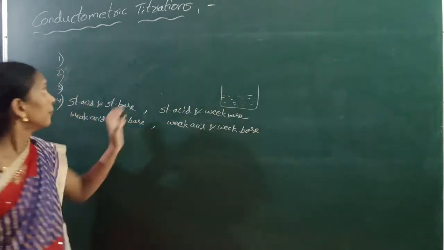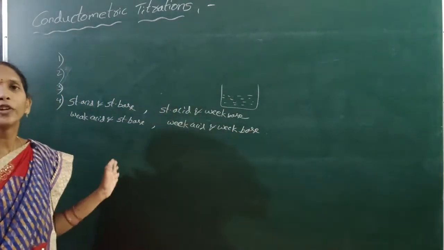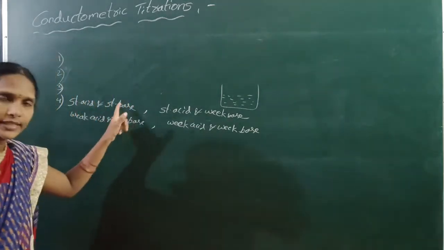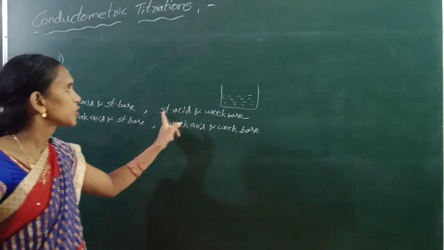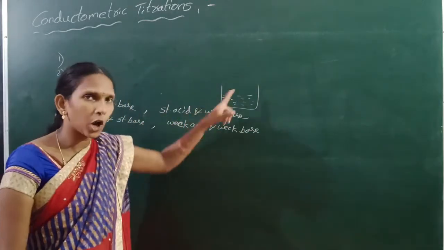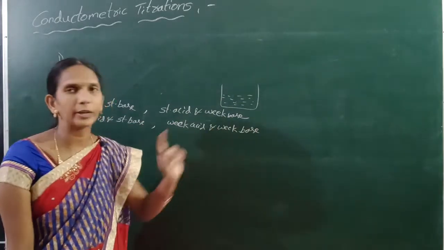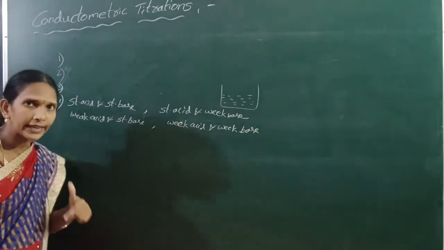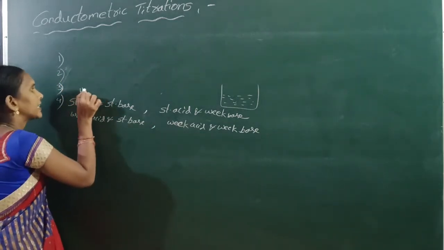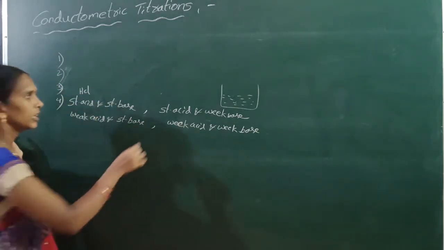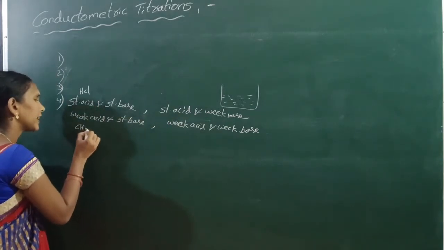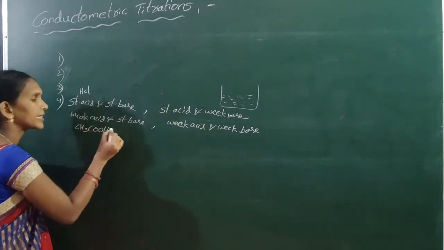Here I can take strong acid means HCl. Weak acid means CH3COOH, that is acetic acid.